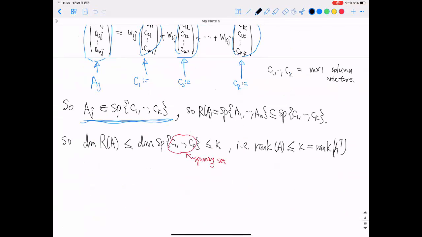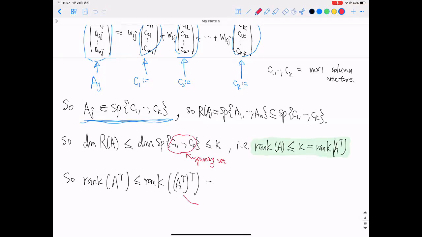So what we proved after this discussion is that the rank of A is no more than the rank of A transpose. Now if you apply the same strategy to A transpose, because this discussion holds for any matrix A, in particular for A transpose, that will tell you that the rank of A transpose is less than or equal to the rank of A transpose transpose.